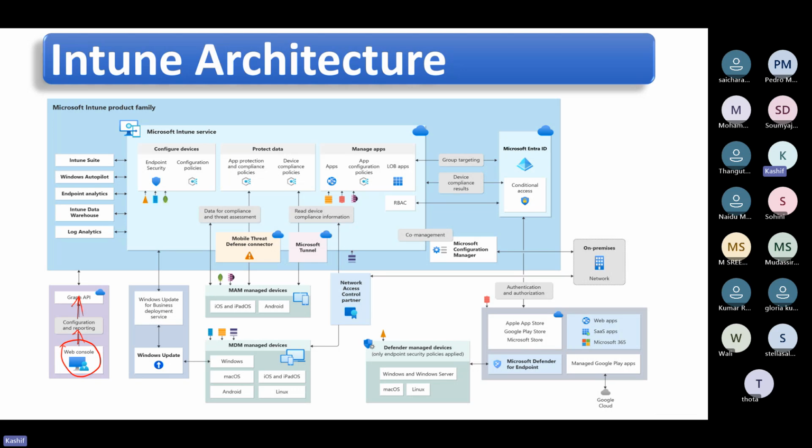It does the connection between Intune and yourself, from the web console, the Intune website. Whatever you are supposed to do, your information goes to Graph API, which understands it and then passes it on to Microsoft Intune services in the backend.